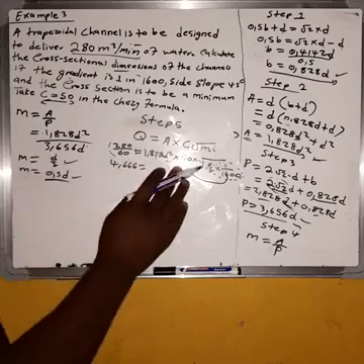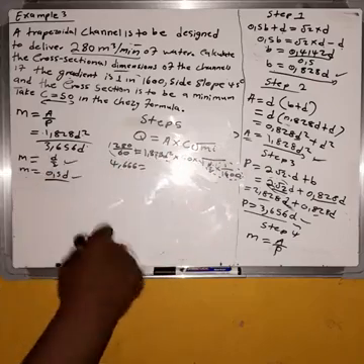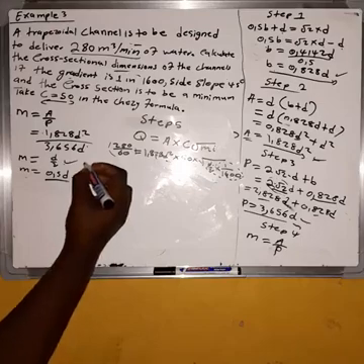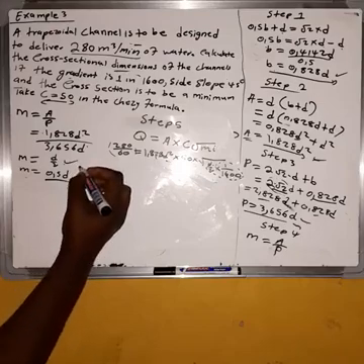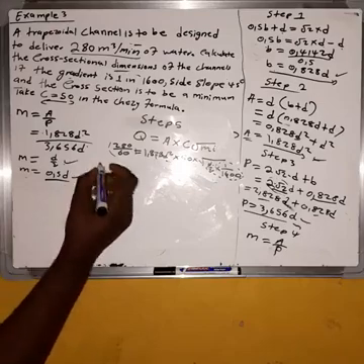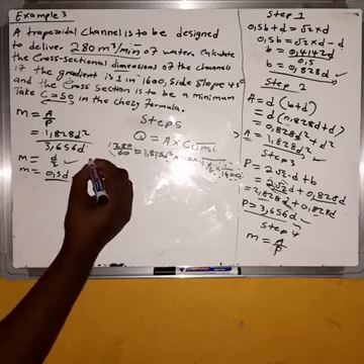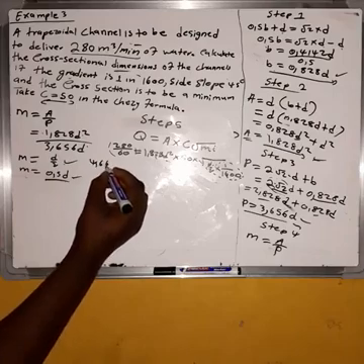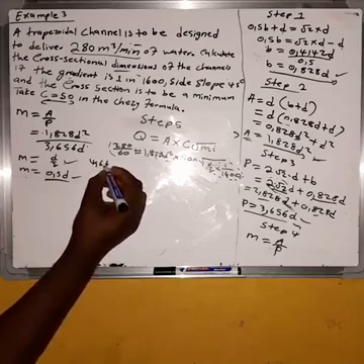Multiply the 3. What do I mean? Let me just simplify this maths for you. I was not supposed to do this maths, but I will do it, because this is fluid mechanics, it's not mathematics. You're supposed to know your math, right?